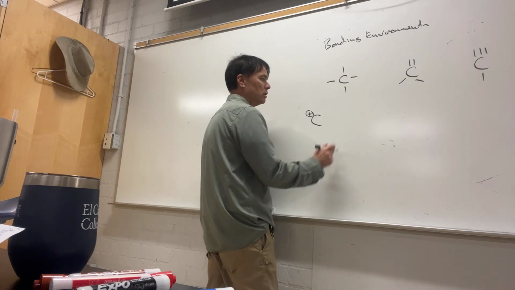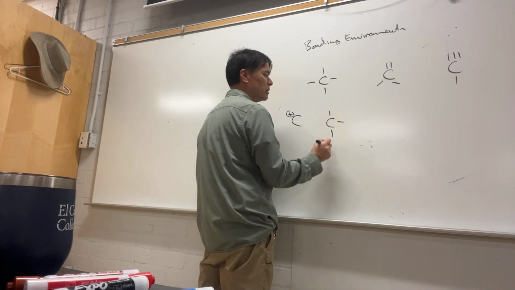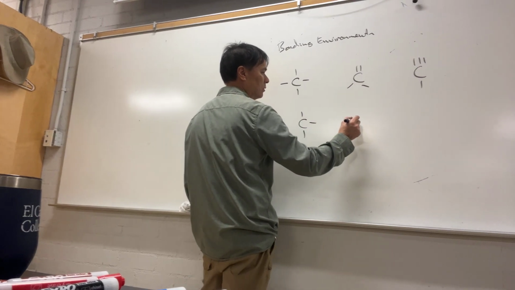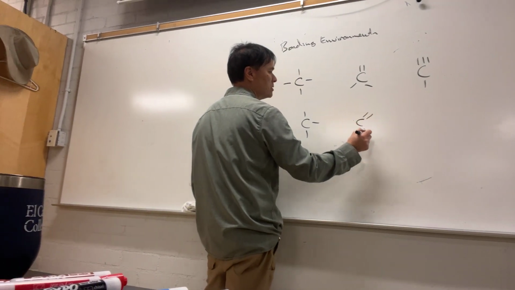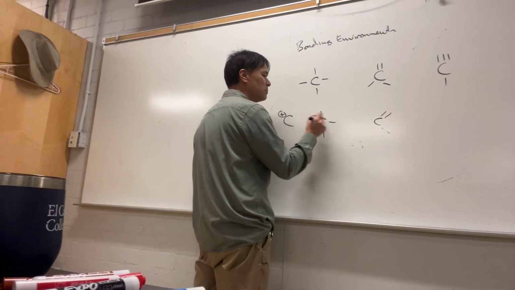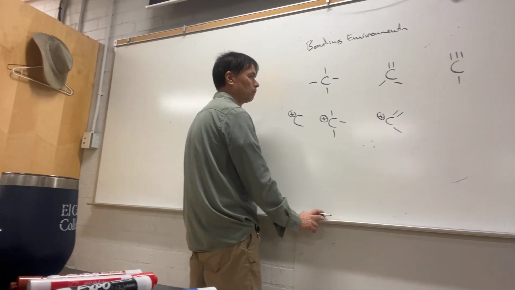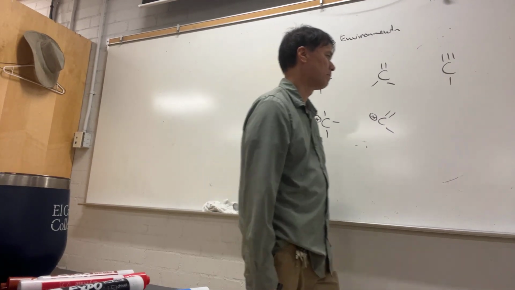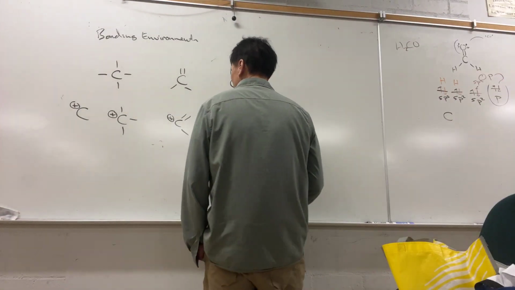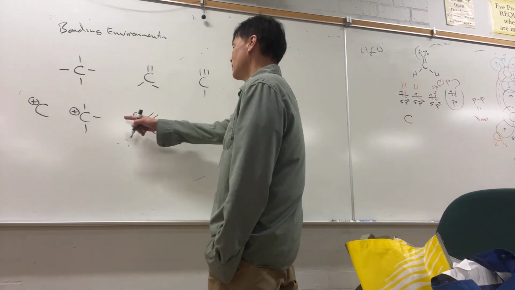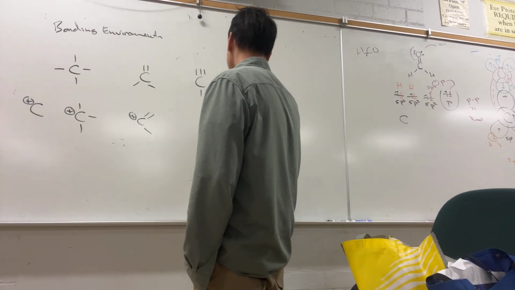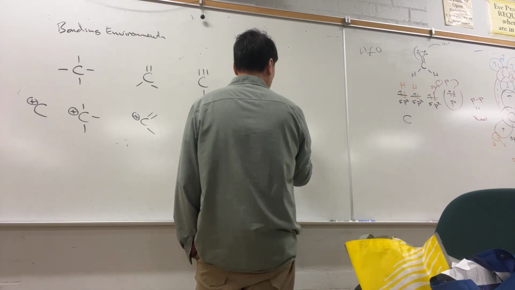If carbon has a negative formal charge, then it ends up having a lone pair. So you have a lone pair and 3 singles, a lone pair and a double and a single, a lone pair and a triple. So that's a carbanion.